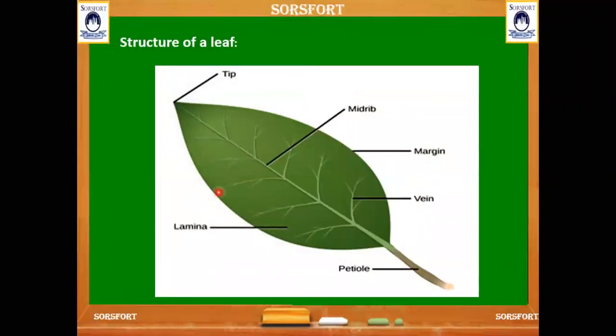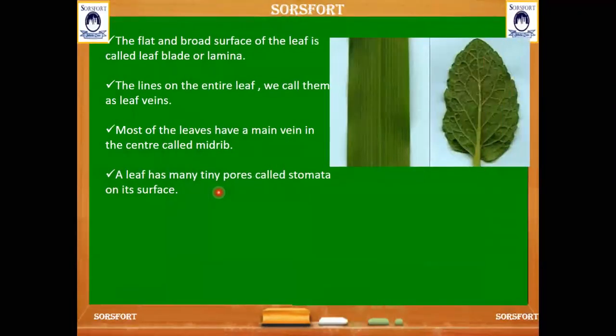And the flat and broad surface of the leaf, this part of the leaf, we call the leaf blade or lamina.